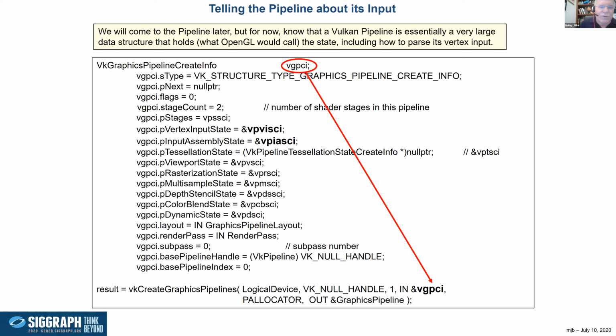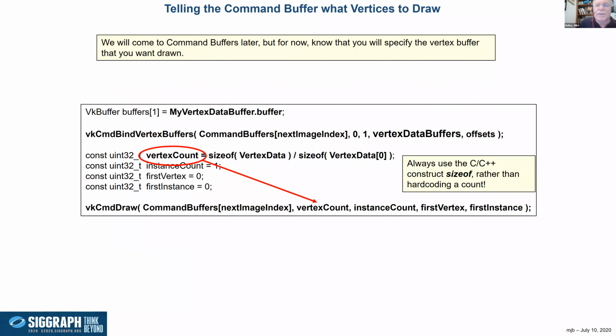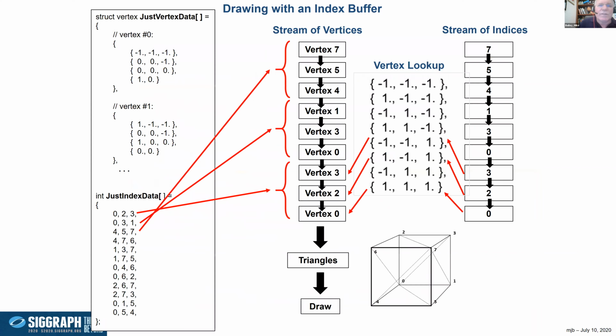There is finally a vkCreateGraphicsPipeline function. And you remember that ugly block diagram. Here's where all those pieces of the block diagram finally come into play. So yes, this is going to work, but we're going to come back to it.